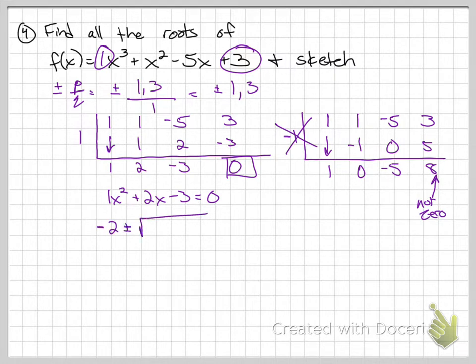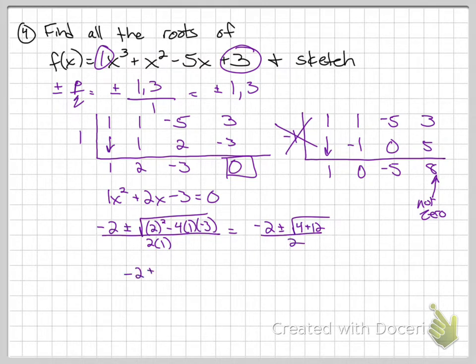plus or minus the square root of b squared minus 4 times a times c all over 2 times a. 4 plus 12. Square root of 16 is 4.